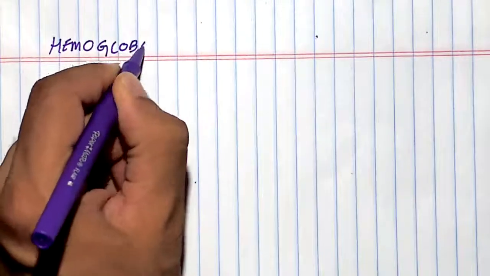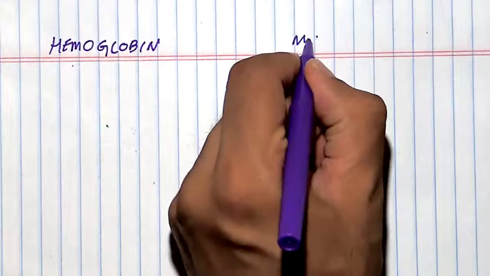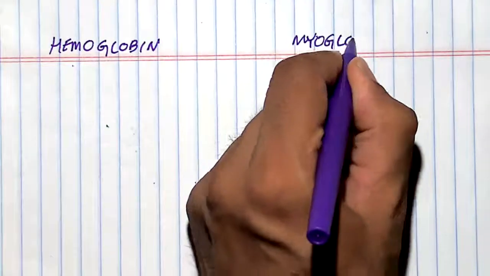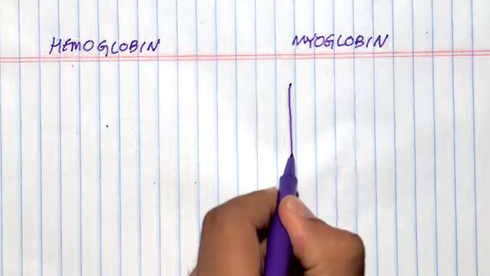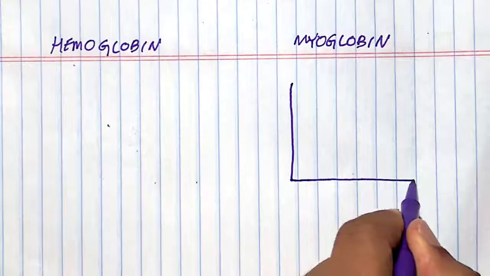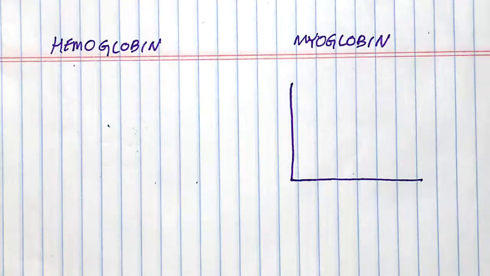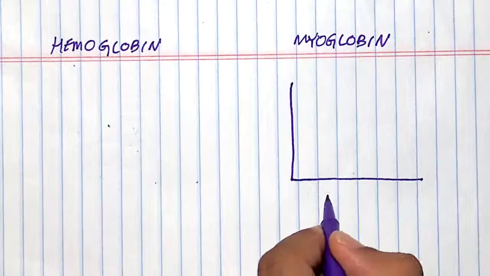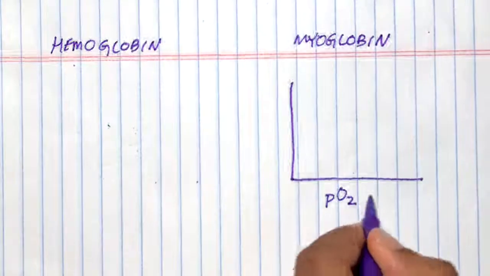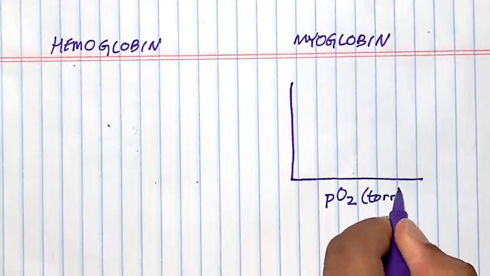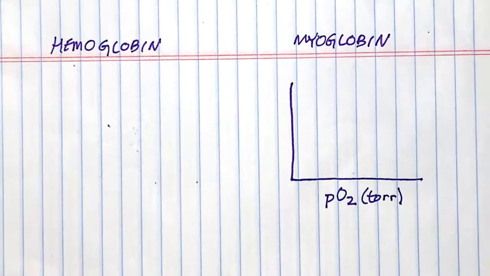All right. One of the things that is a stark difference is the ability to bind oxygen. That is, the oxygen binding kinetics between hemoglobin and myoglobin are very different because one is a tetramer and one is a monomer. So for the oxygen binding kinetics for myoglobin, if we have on our x-axis the pressure of O2, usually that's given in units of torr, but it can be in atmospheres or any other unit of pressure.